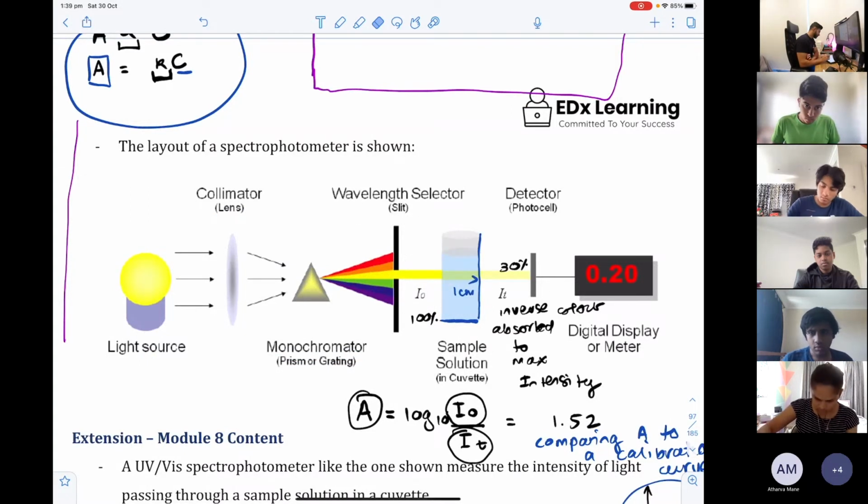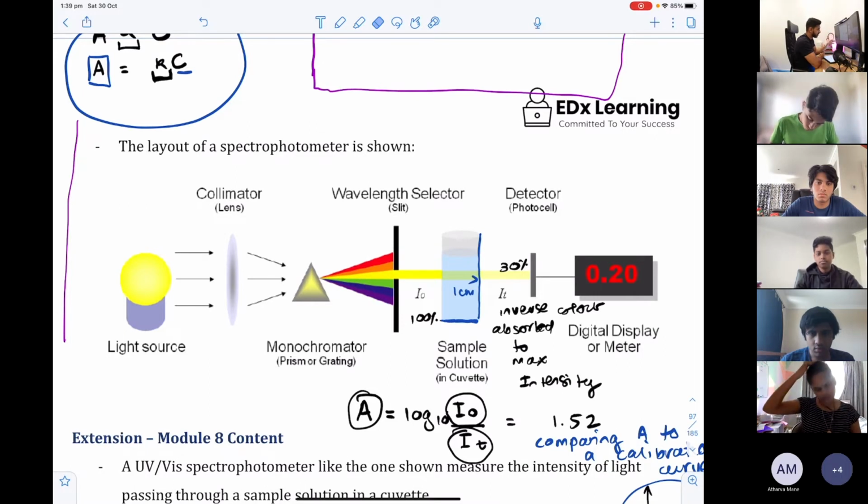Are you sure? What I would say is that you have a light source that is releasing white light. We use a monochromator to select one wavelength that is complementary to the color of the solution. And we measure the intensity prior to it passing through the cuvette and after it passes through the cuvette to determine absorbance. So that would be an exemplar answer for the different components and the purpose of colorimetry.